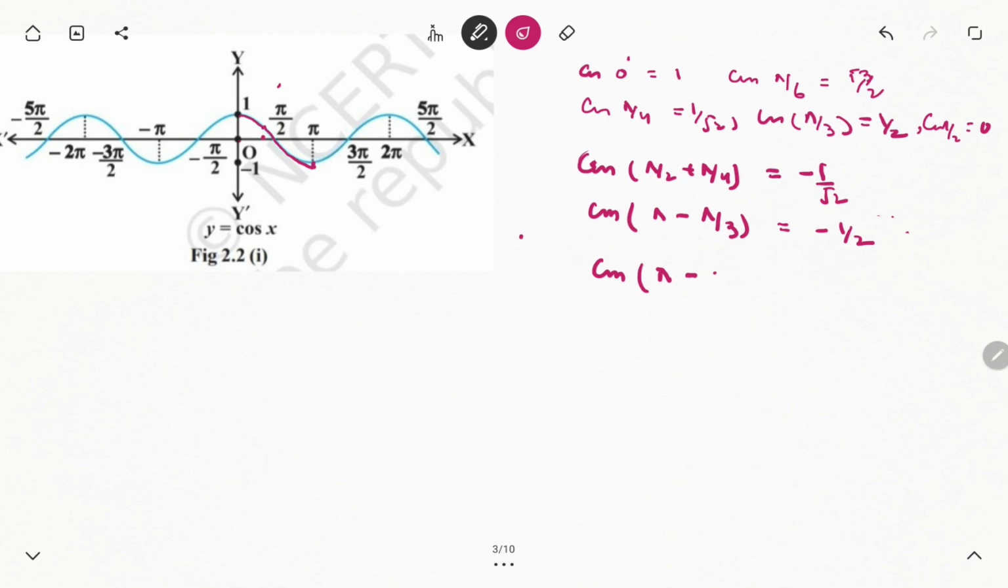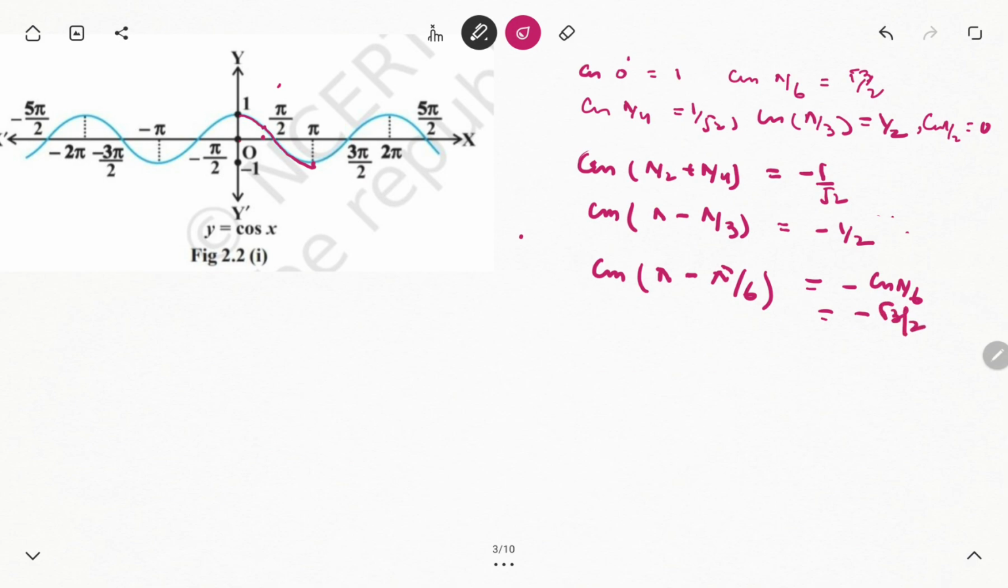Cos of 150 क्या होगा? 90 plus 60, है ना? तो that is 180 minus 120 का हो गया, 150 क्या होगा? Minus pi by 6 is minus cos of pi by 6, that is minus root 3 by 2.